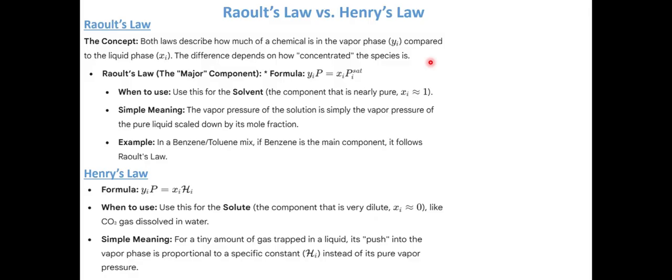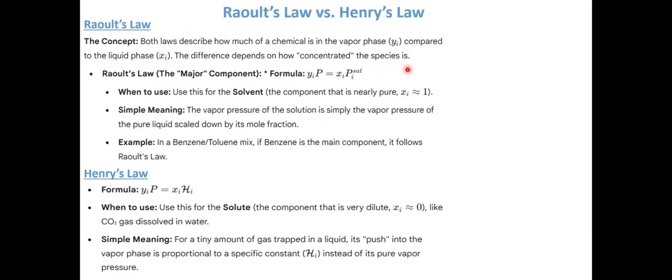For example, if you know the liquid composition, using Raoult's law and Henry's law you can calculate the second phase composition. The difference depends on how concentrated the species is.